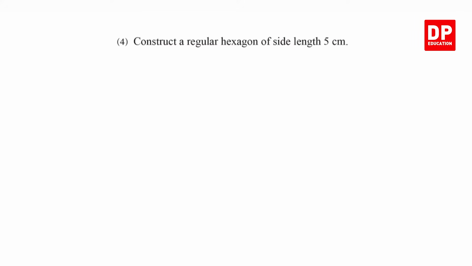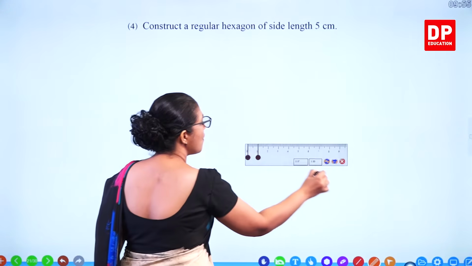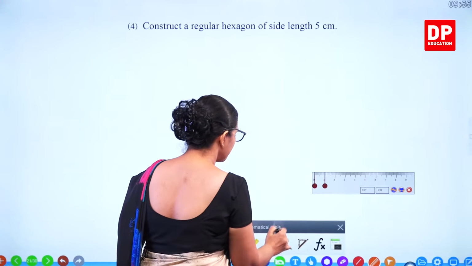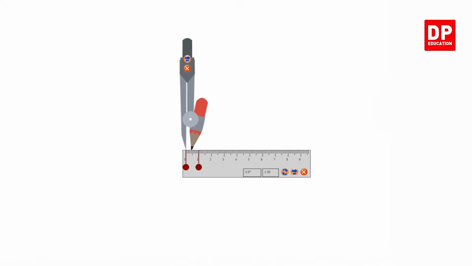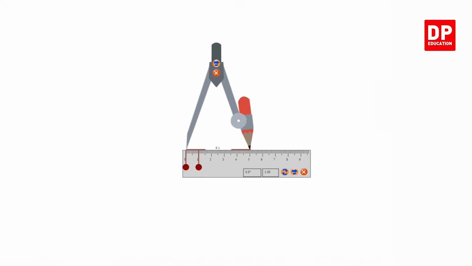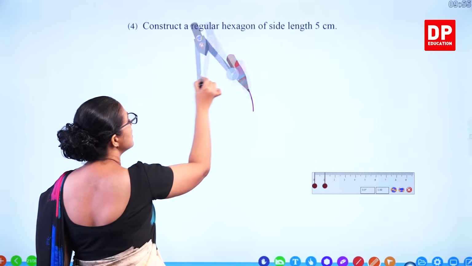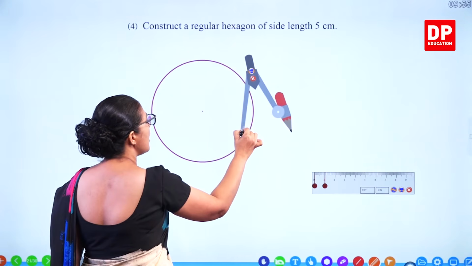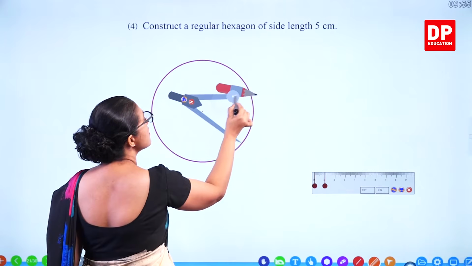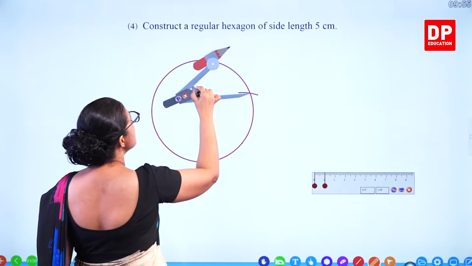Construct a regular hexagon of side length 5 centimeters. You have to do the same thing. Now the radius is 5. So take the length 5 centimeters. First you have to draw the circle, and then take any point and draw the 6 arcs around the circle with the same distance.